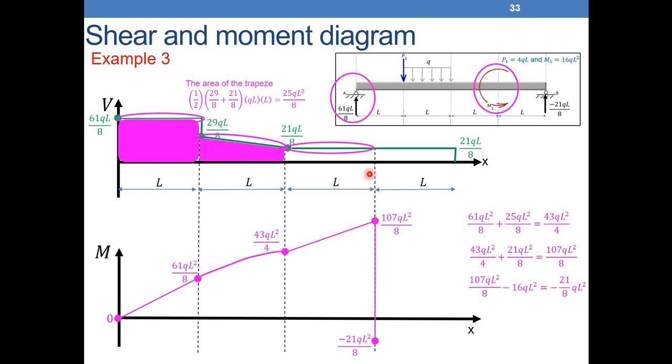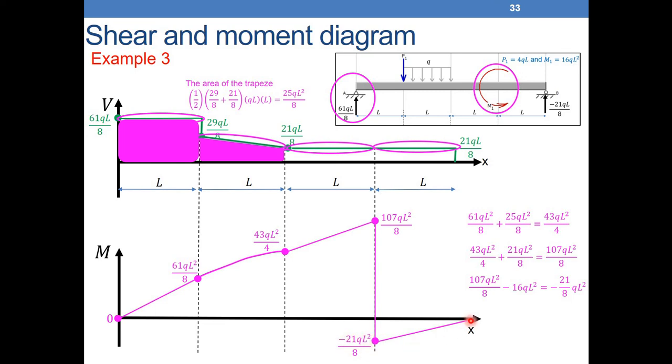After that, from 3L to 4L, what do I have? V is a constant, so M is a line going up, and it will go up by how much? By the area of this rectangle. What is the area of this rectangle? It's 21QL² over 8. So I go up, it's a line, going up by 21QL² over 8, it will go to 0, because I add 21QL² over 8 to minus 21QL² over 8, which is equal to 0.